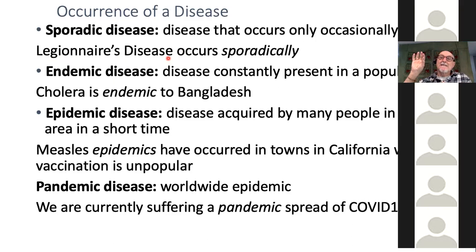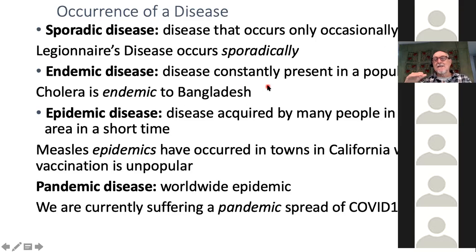So Legionnaire's disease is often limited to a particular air conditioning unit, a particular building, a particular set of buildings. It occurs suddenly, and then after however long, it dies out, does not spread, it's not contagious. So it's purely sporadic.